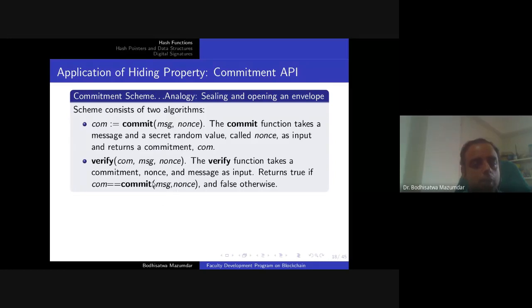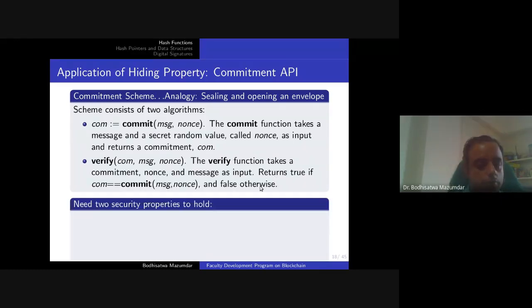It deglues the envelope and checks whether that message was there. If the message is again given and deglued, and the two envelopes are compared and seem to be the same, then it returns true. Otherwise, it returns false.